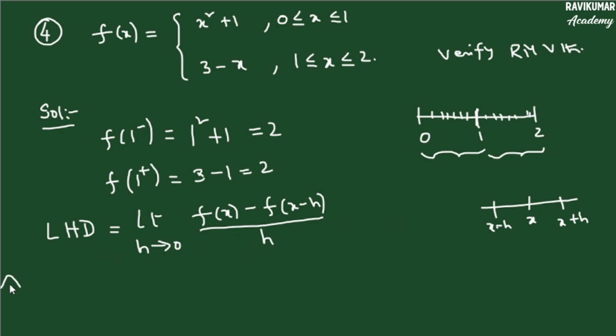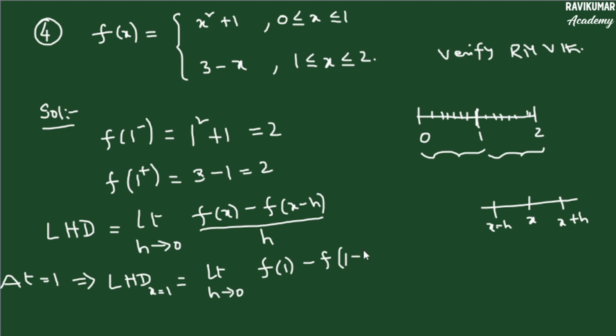At x equal to 1, the left hand side derivative is limit h tends to 0 of f of 1 minus f of 1 minus h by h.